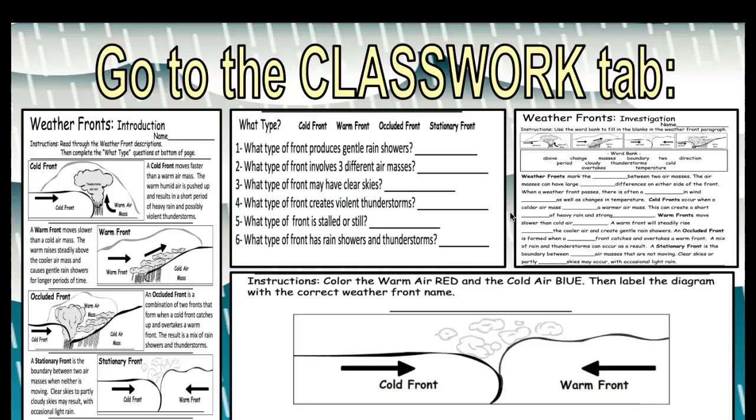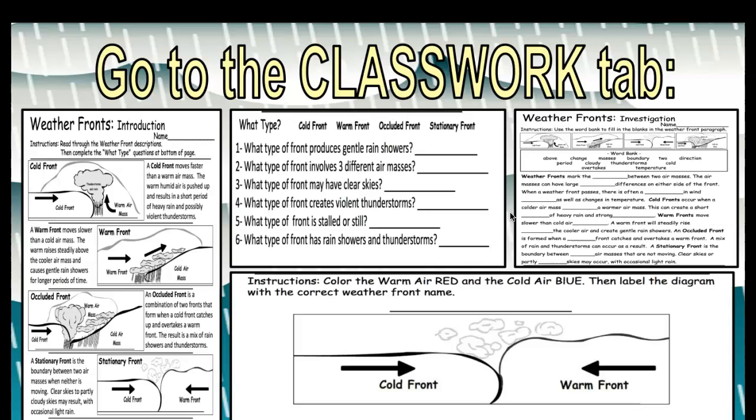Cold fronts occur when a colder air mass overtakes a warmer air mass. This can create a short period of heavy rain and strong thunderstorms. Warm fronts move slower than cold air masses. A warm front will steadily rise above the cooler air and create gentle rain showers.